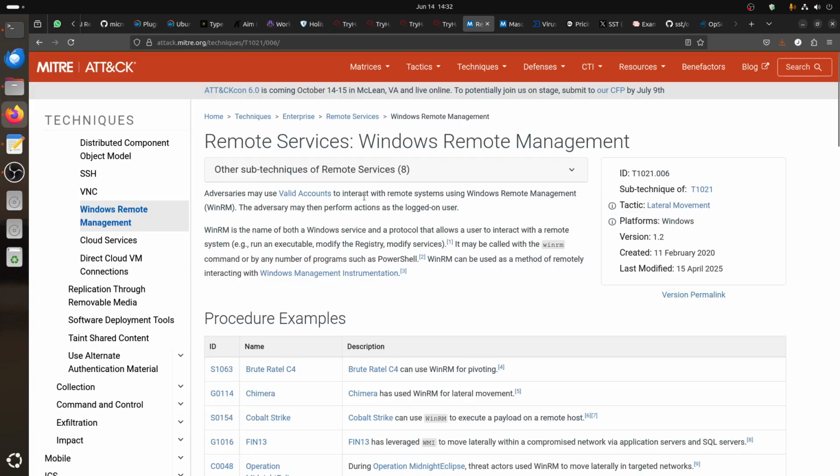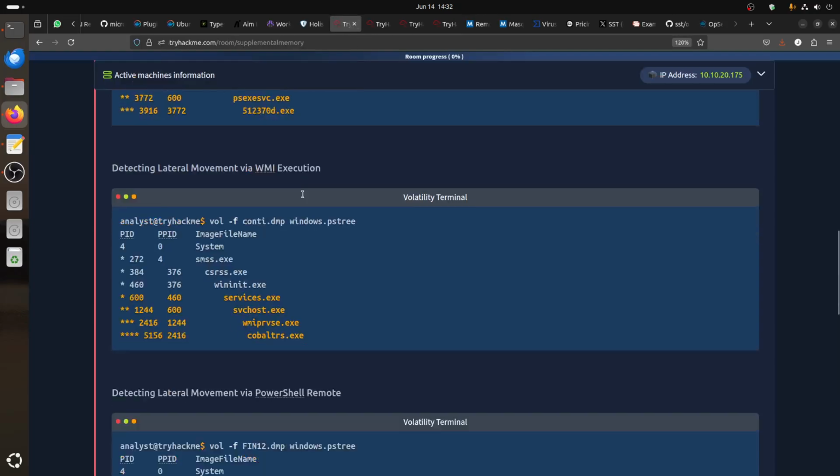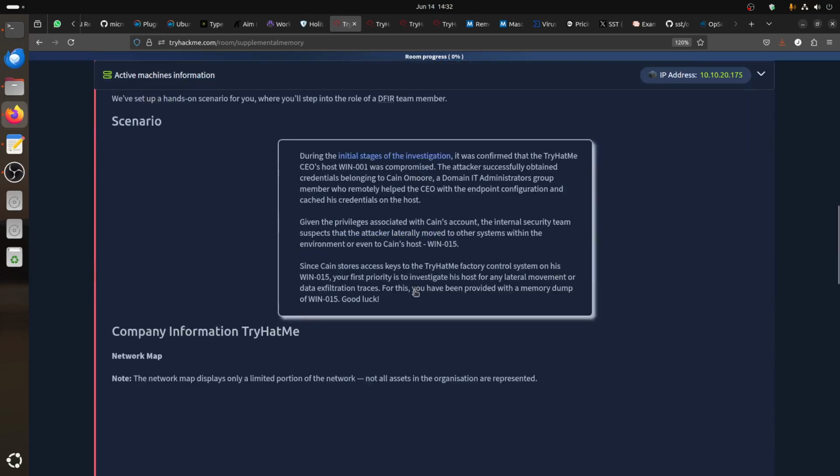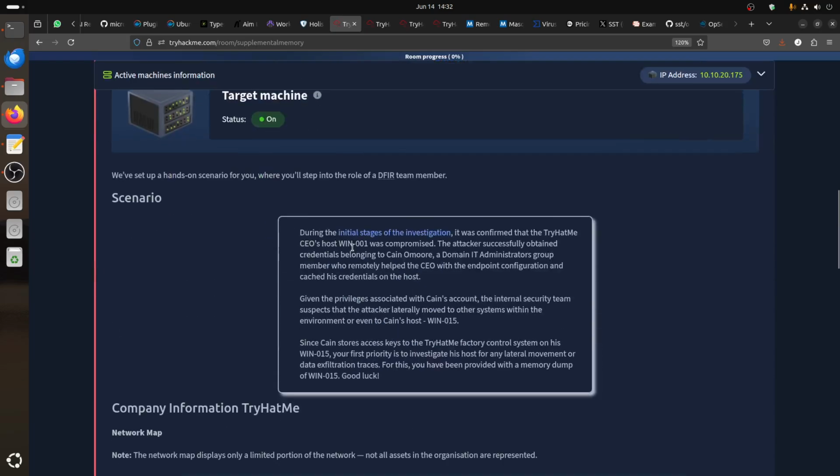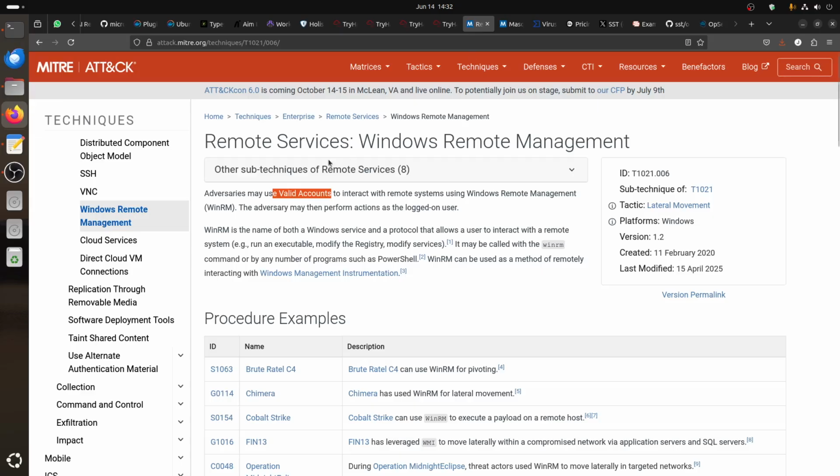Adversary may use valid accounts, because now we know he got a valid account. Remember the story of the room? He said the attacker successfully obtained credentials belonging. So we have a valid account to interact with the remote system using Windows Remote Management, WinRM. The adversary may then perform actions as the logged-in user.